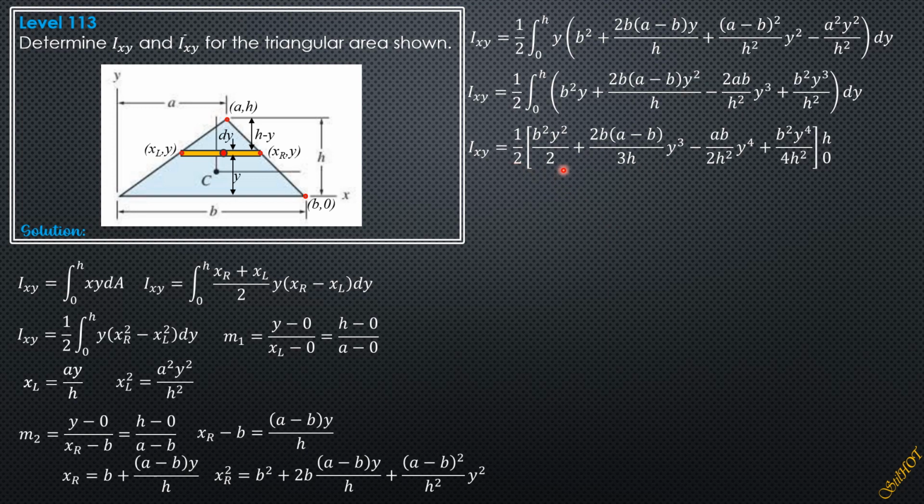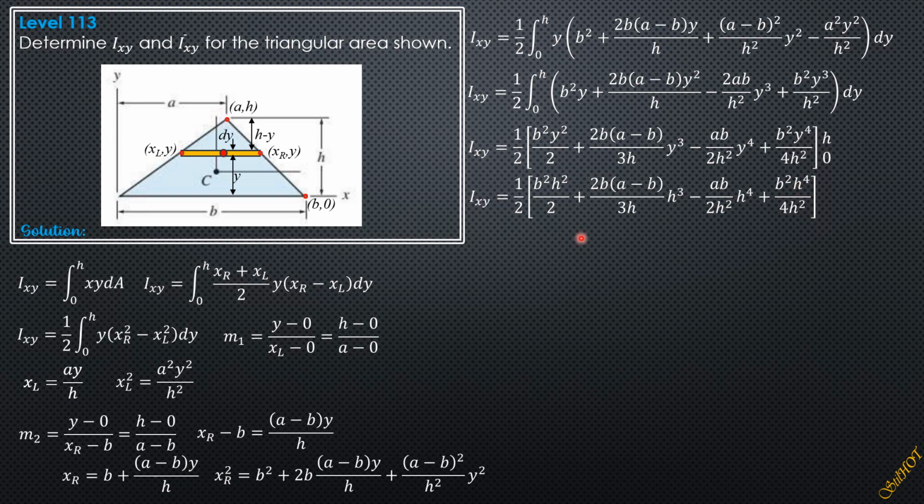Before combining, we substitute upper and lower limits. Ixy equals 1/2 quantity b square h square over 2 plus 2b quantity a minus b h cube over 3h, minus ab h to the fourth over 2h square plus b square h to the fourth over 4h square.